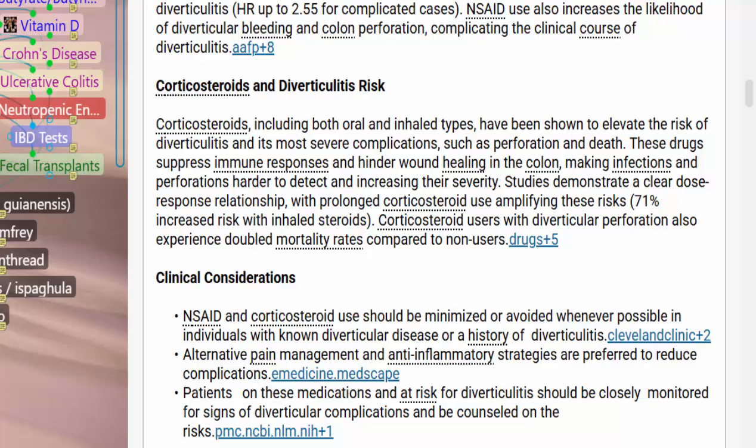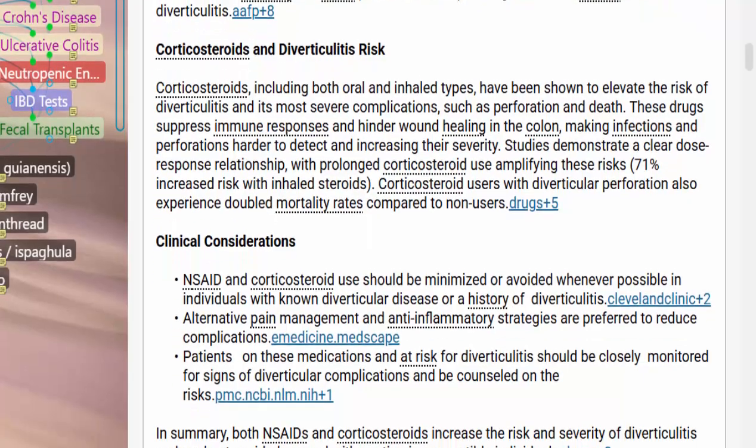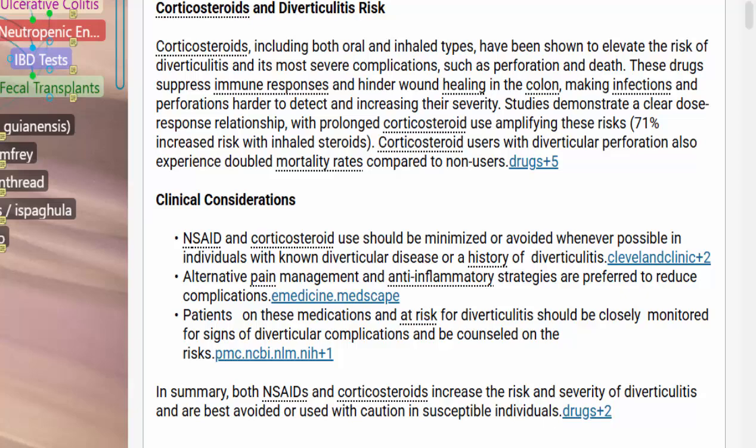Corticosteroid users with diverticular perforation also experience doubled mortality rates compared to non-users. As far as the clinical considerations, well, obviously their use should be minimized or avoided whenever possible in those known with diverticular disease or a history of diverticulitis.